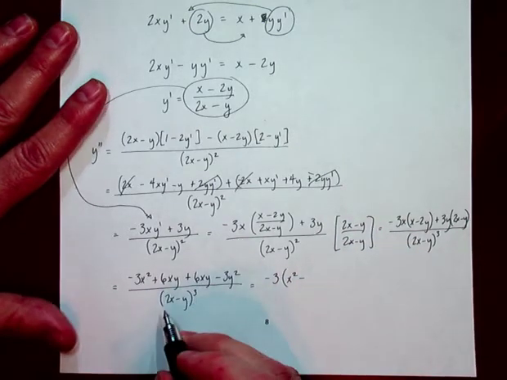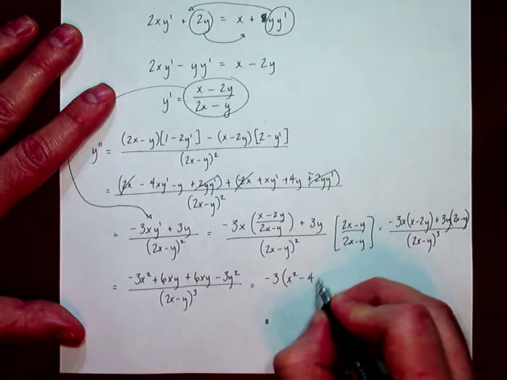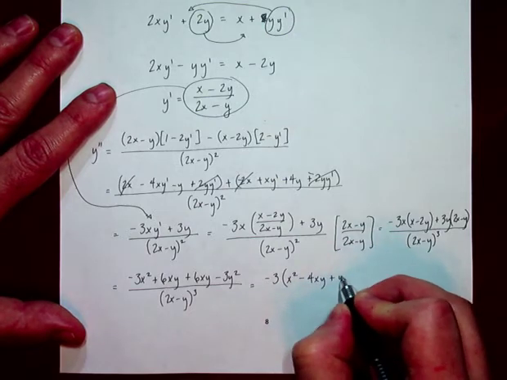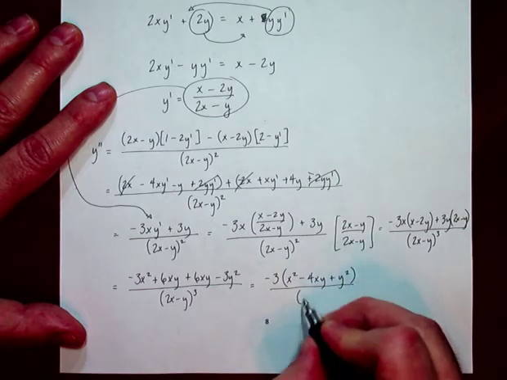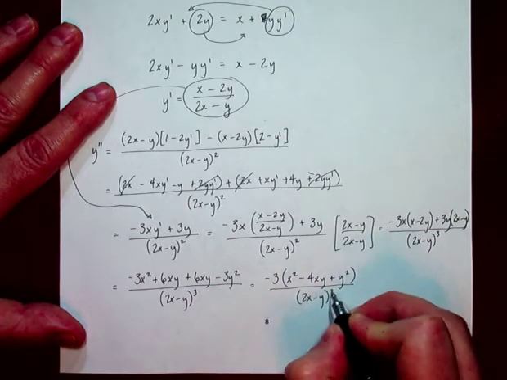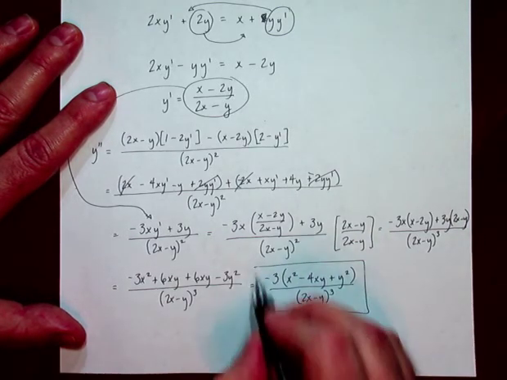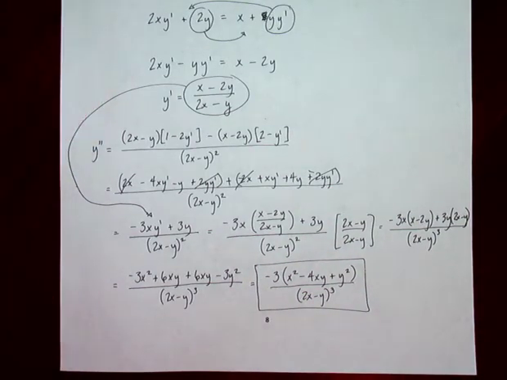When you pull out a negative 3, it's going to become negative 4xy plus y squared, and that is all over (2x minus y) cubed. And unless I've made an arithmetic mistake somewhere, amidst all of that analytic toil, that would be my derivative.